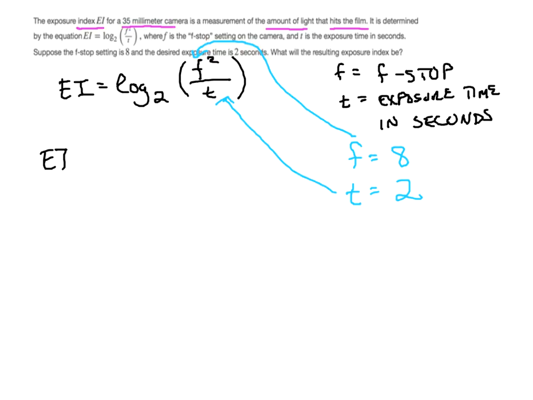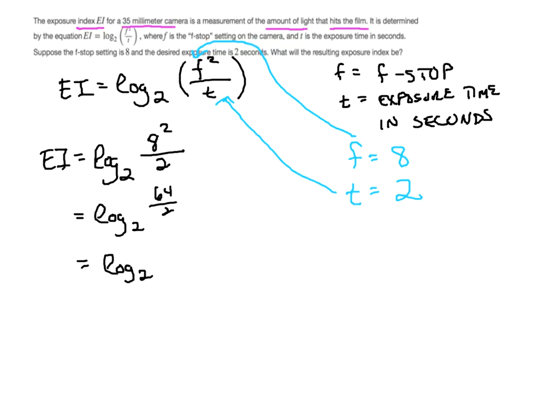So I get my exposure index is log base 2 of 8 squared over 2. And I'll go ahead and simplify that expression. That's 64 over 2, which is log base 2 of 32.